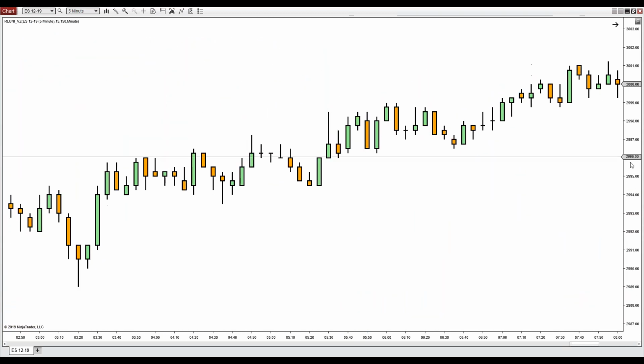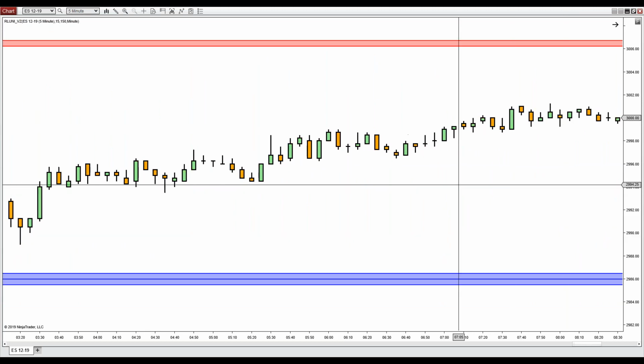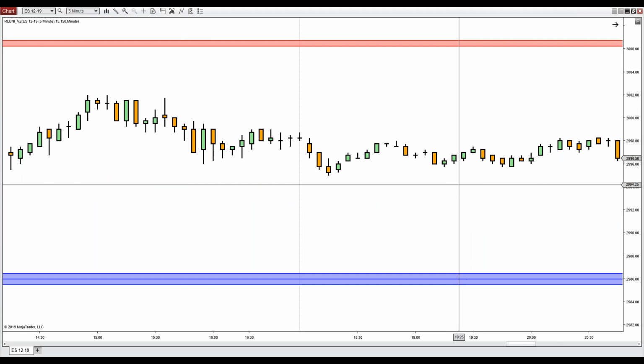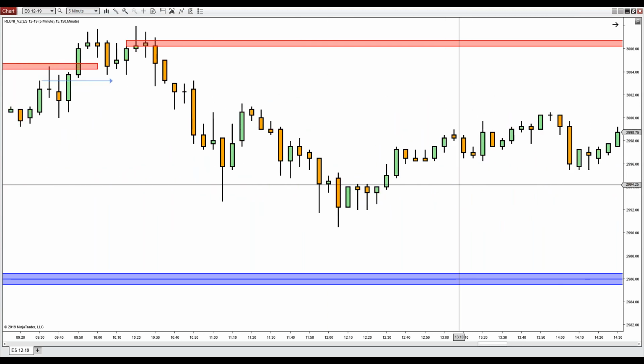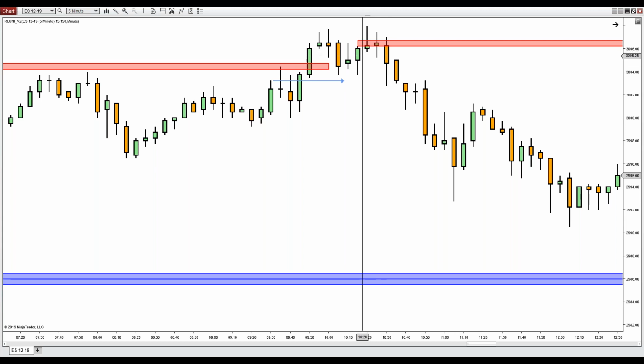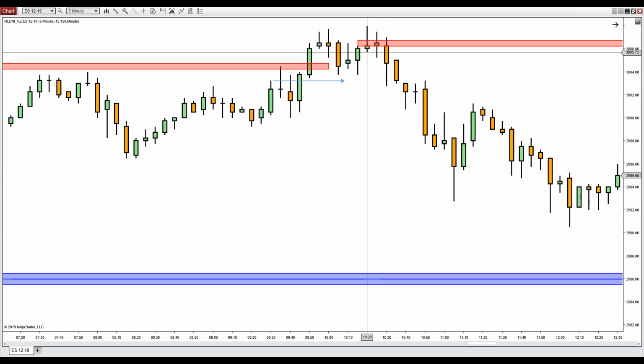Let's squeeze it. That was there because this candle formed it. This candle, it was still there right here.